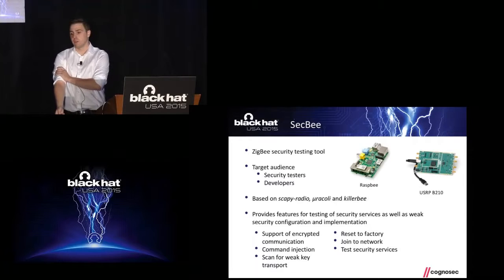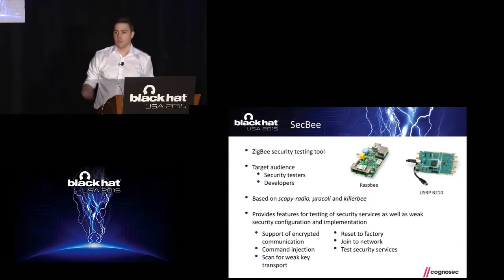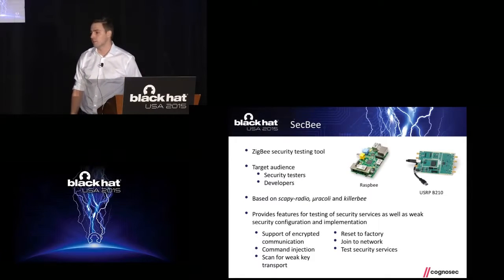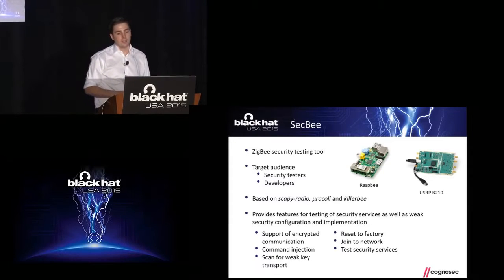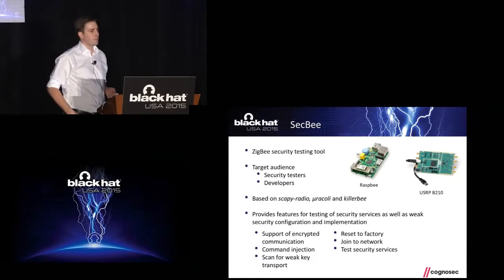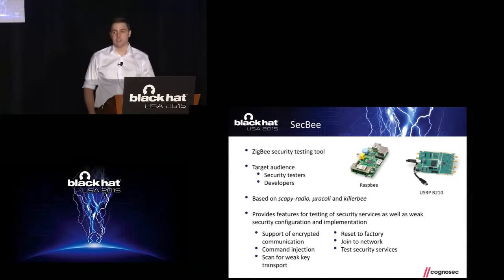So we have brought 2 hardware boards today, the USRP, which is quite popular, I think, at Black Hat at the moment, and an extension board for the Raspberry Pi called Raspi. Why 2? Because the USRP we use for sniffing, because we can get a large bandwidth, so you can get all ZigBee channels and do sniffing.